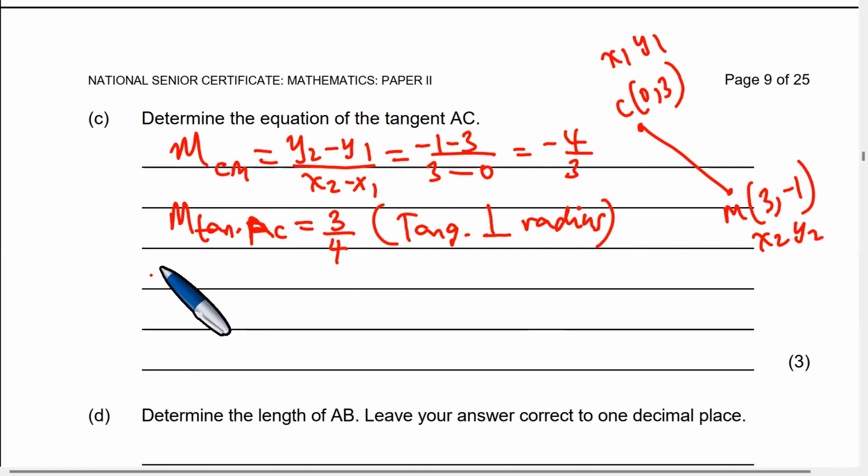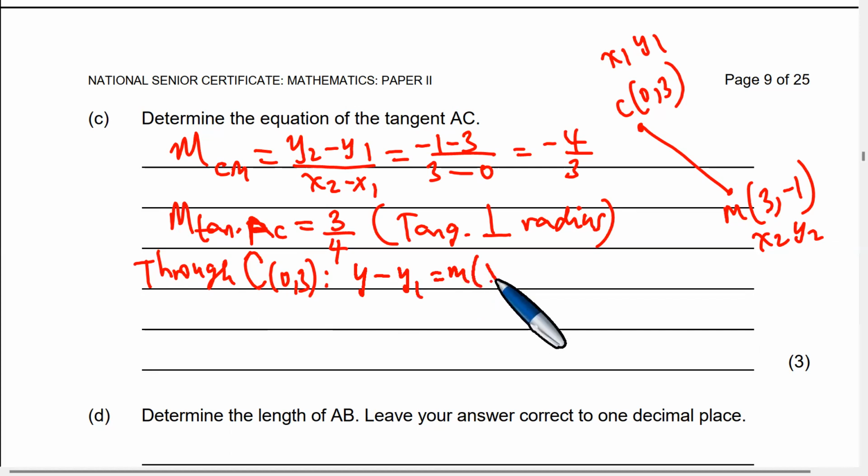So this tangent is passing through C with coordinates 0, 3. Y minus y1 equals m into x minus x1, so this is x1, y1. What is y1?